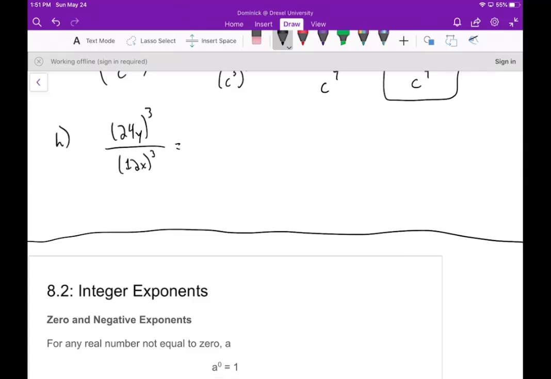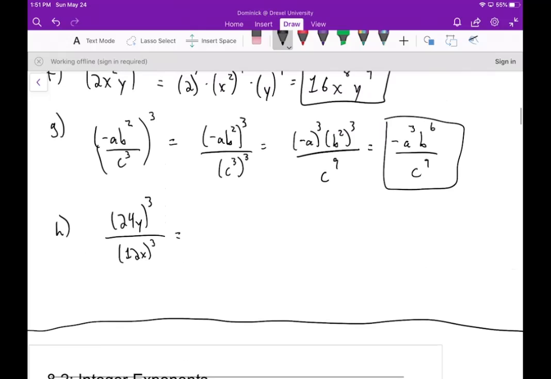Well, in the top, if you look at 24 to the third, that's going to be a big number, right? If you look at 12 to the third, that's going to be a big number. So I'm actually going to use the property in reverse this time. I'm going to say this is 24y over 12x, whole thing raised to the third.